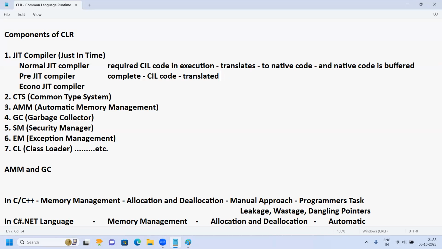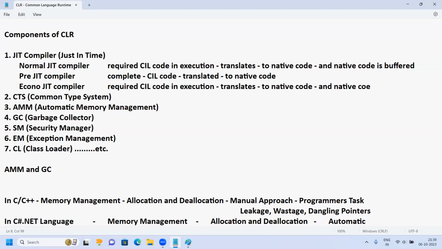Translates to native code, only. It will not be buffered. Whereas here, required CIL code in execution translates to native code, and native code is not buffered. Native code is not stored. That makes the difference between these three compilers.